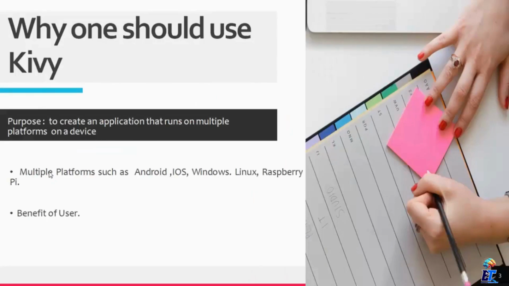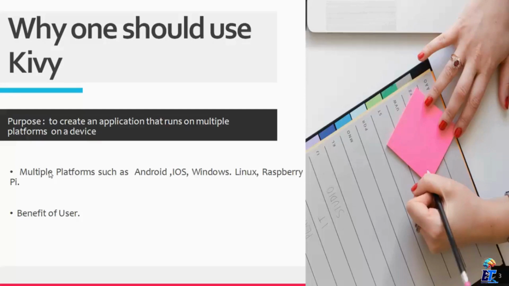Let's see now why one should use Kivy. As we have different programming languages, different libraries, and all the stuff already available, why I am going to use Kivy is one of the main questions. The purpose is to create an application that runs on multiple platforms on a device. Kivy's advantage is multiple platforms such as Android, iOS, Windows, Linux.